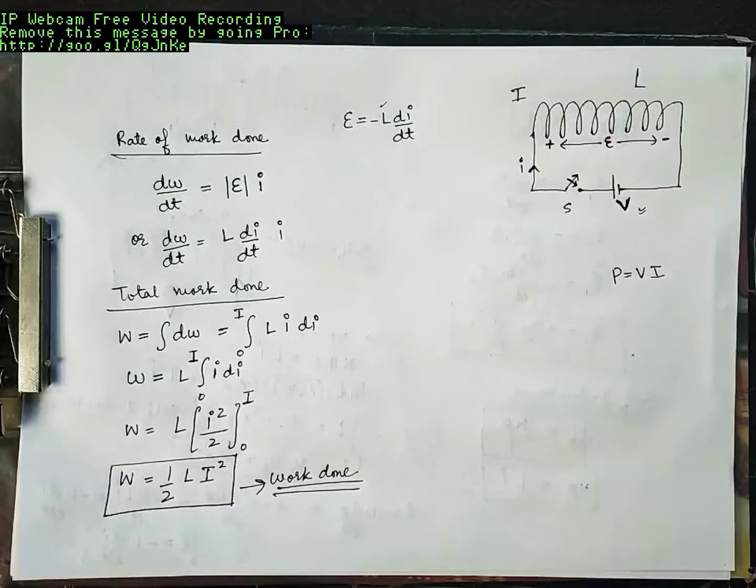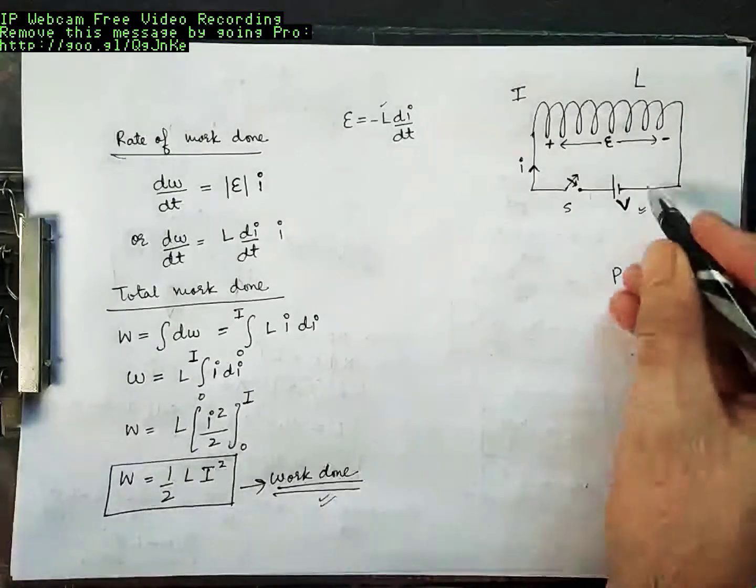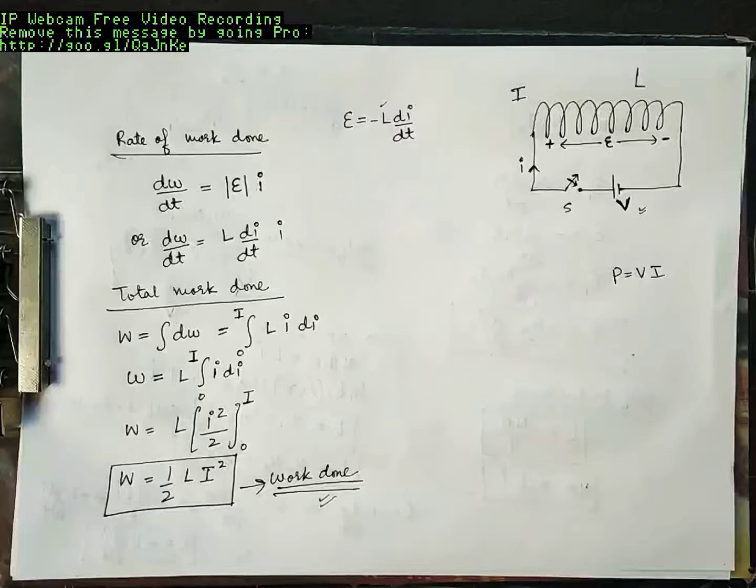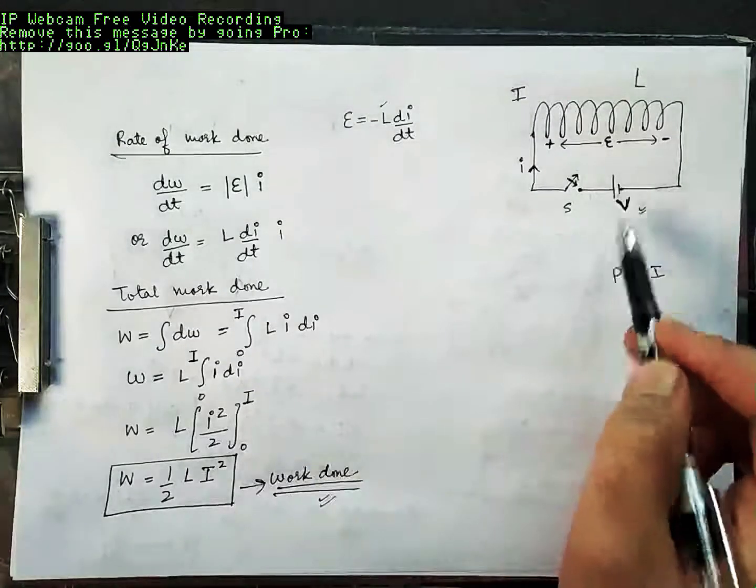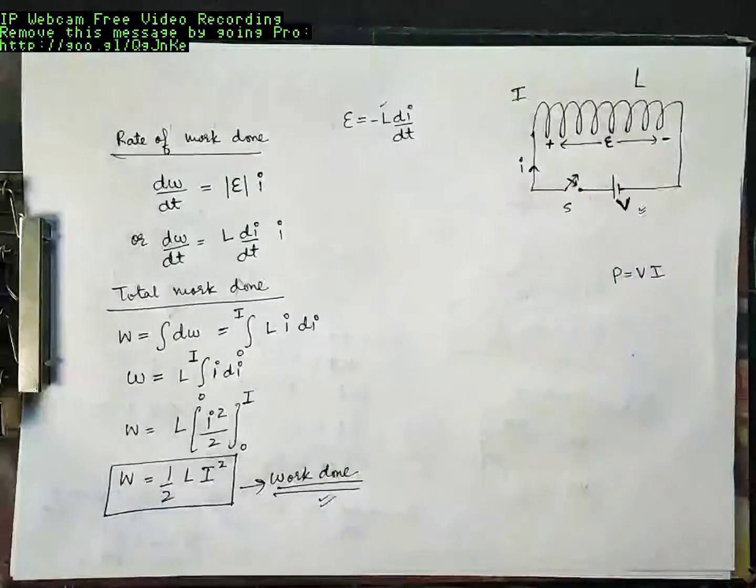But now your question should be, sir, what happens to this work done by this voltage source? In case of a resistor, the energy supplied by battery gets dissipated as heat. What happens to this work done W by this voltage source over here?